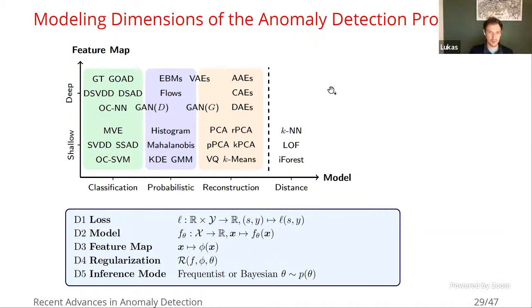Yes, so this would be where there's this white space here, right? We've looked into this, and I know that there are some deep metric learning works, but I haven't come across works so far that have considered this for anomaly detection.